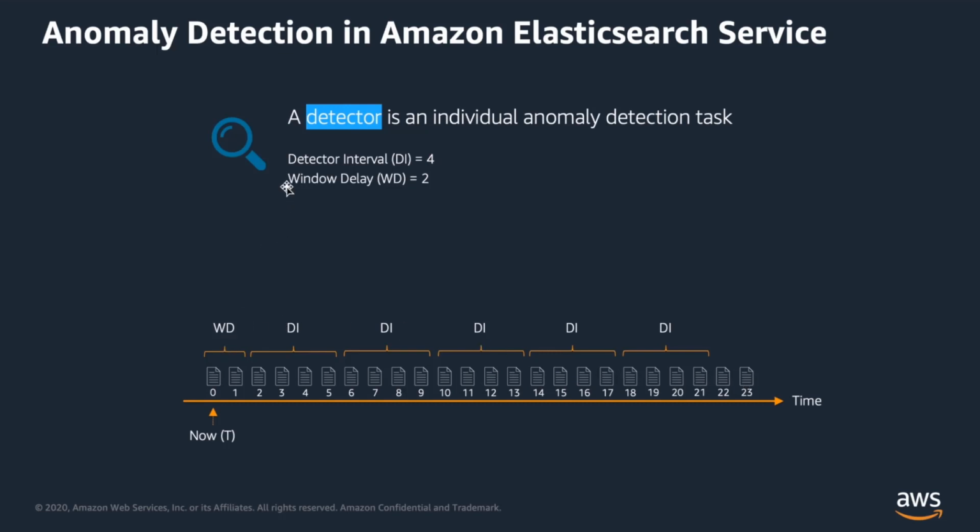If you set window delay equals 2, let's say 2 seconds, then the detector is going to wait for the time to be t plus 2 before it actually processes the data that came in at t, which is 0, right?